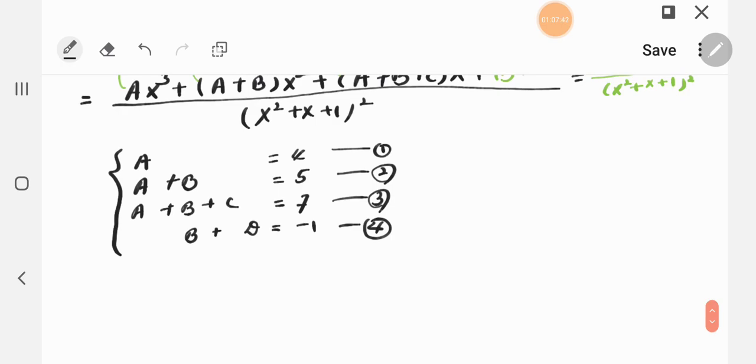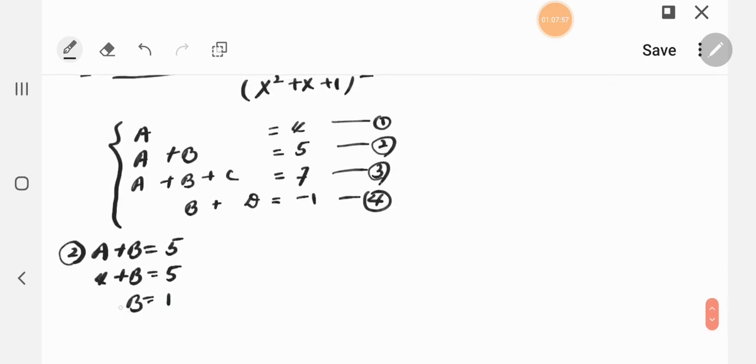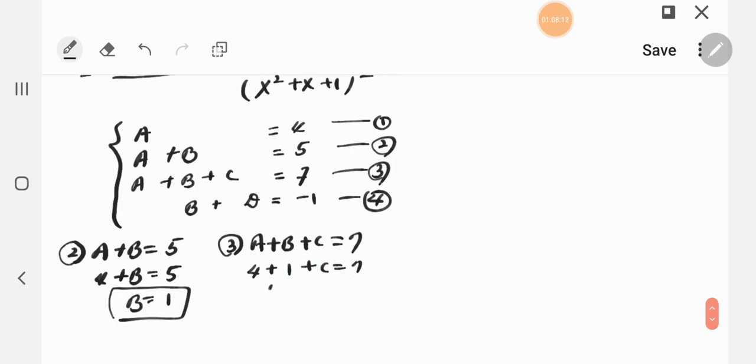Then from the second equation, we know that a is 4, so b is equal to 1. From the third equation, a plus b plus c is equal to 7, and a is 4, b equals 1, then 5 plus c is equal to 7, so c is equal to 2.